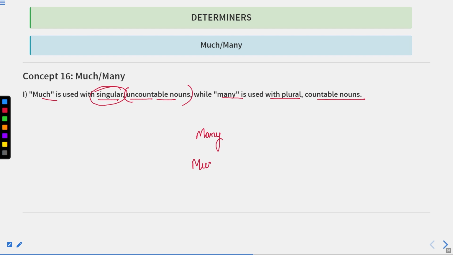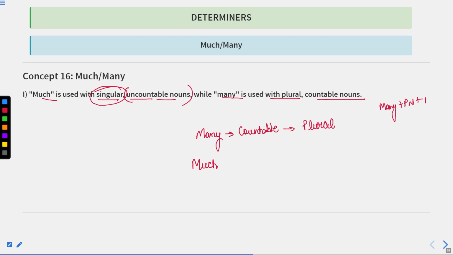Now, many is always used with countable nouns, because many is used for something which is more in number, it means most of them. So it is obviously more than one and the nouns are countable. So here we'll take the noun always plural. Many is always followed by a plural noun and a plural verb.